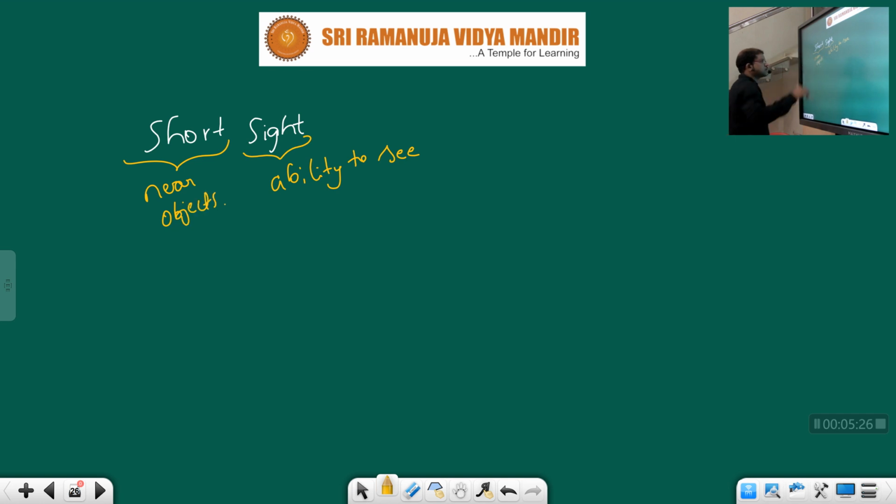The person who has myopia can see the objects which are near, but can't see the objects which are far away from them. There is a limit. Above that limit, they can't see. So that is myopia.